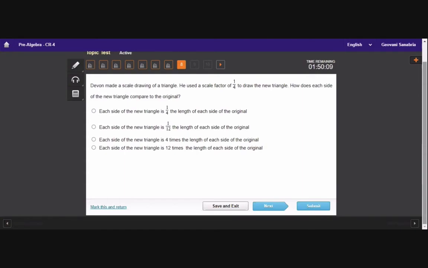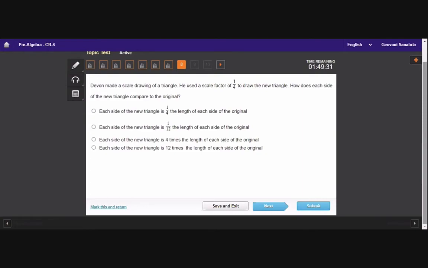Some of these questions try to be tricky, so I'll have to read them a few times. So I think it's A, but I could be wrong.